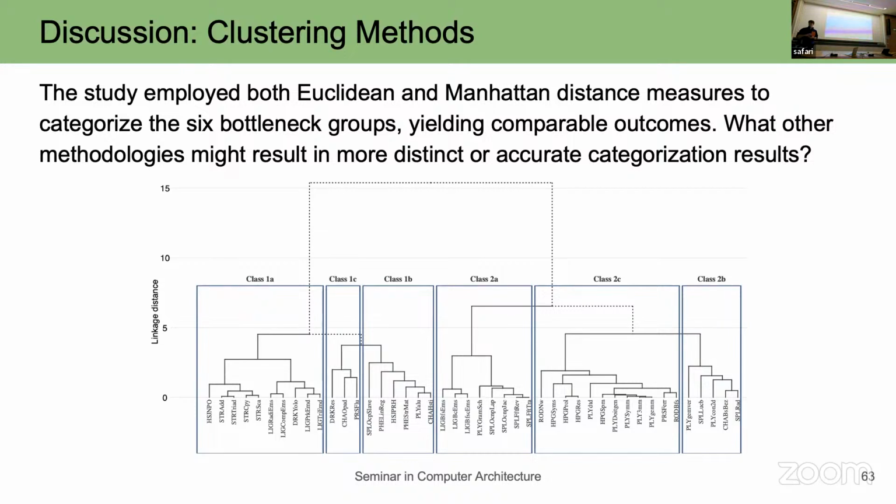So I saw that all these classifications happen only in 2 dimensions. So they plot arithmetic intensity against performance, or cache misses against performance or something, and maybe combining multiple of these metrics into more dimensions, like into 3 dimensions, we might see different clusterings.